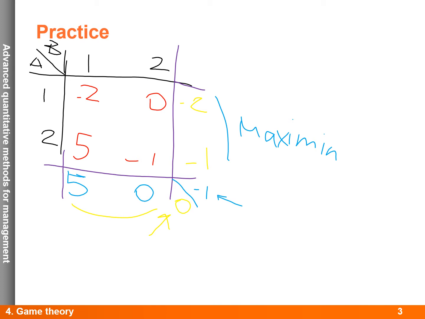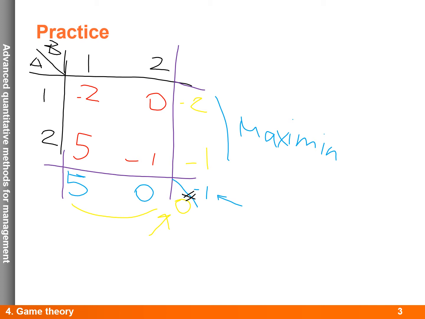As you see here, guys, -1 is not equal to 0. So when this happens, when these 2 points are not equal, pay attention, are not equal and are not located in the same place, it means that there is not a saddle point for this example.